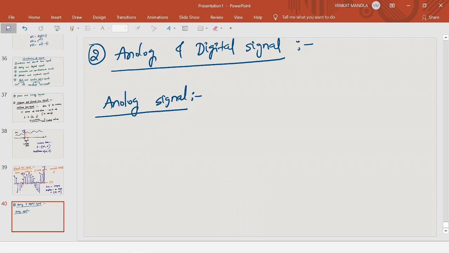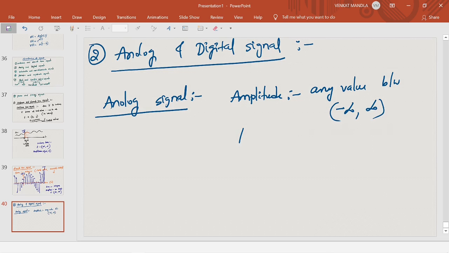In the case of an analog signal, the amplitude is any value between minus infinity and plus infinity, but time is either continuous or discrete. I'll give you examples. The amplitude is any value between minus infinity and plus infinity, but the time axis is either continuous or discrete.